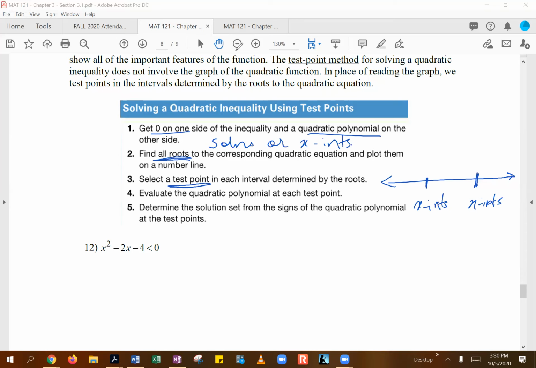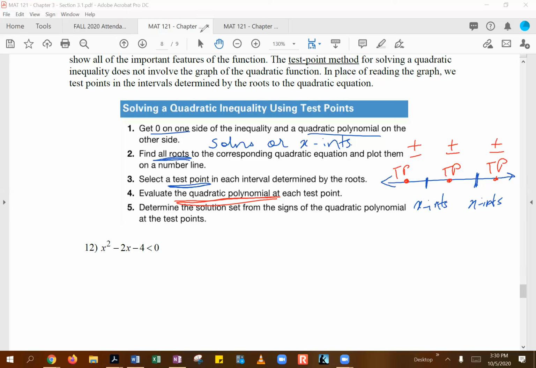Then from each interval, we would select what our test point should be. So we would be selecting test points from each interval. And then the idea is you take those test points and put them in your quadratic polynomial, because we want to know, is the y value going to be positive or negative in this interval?